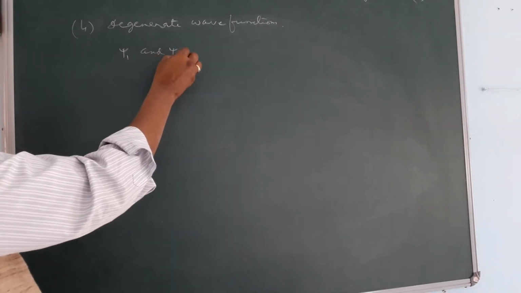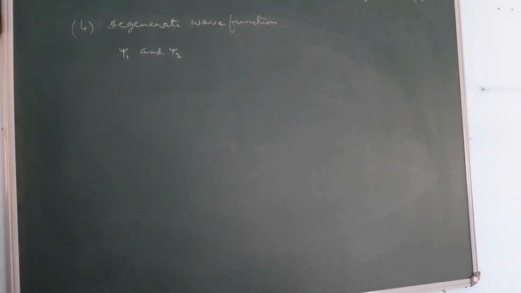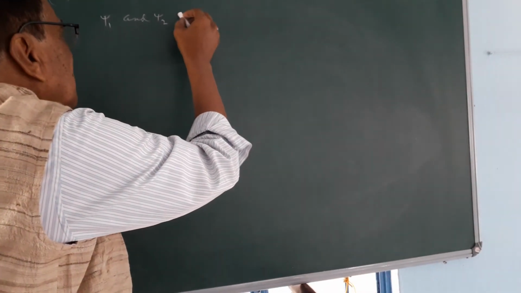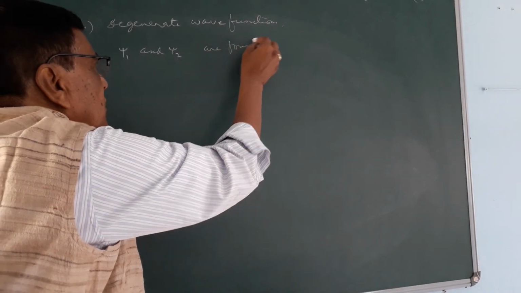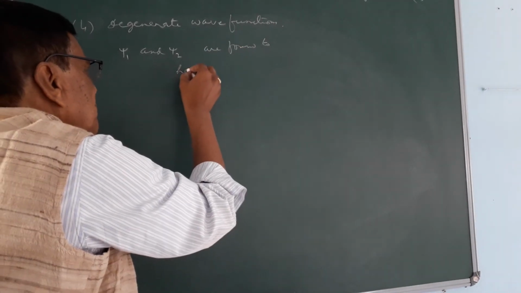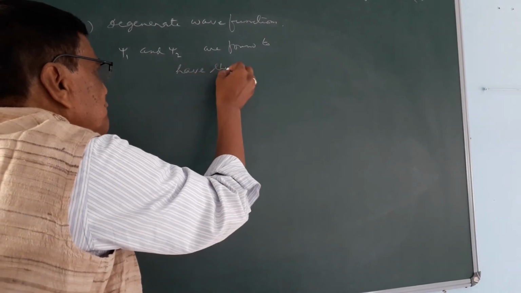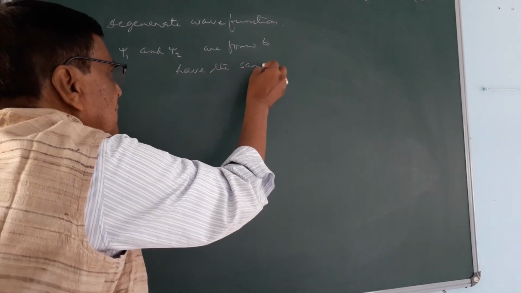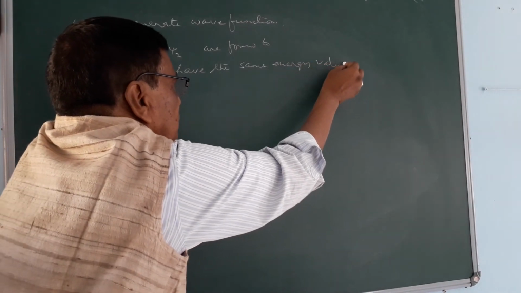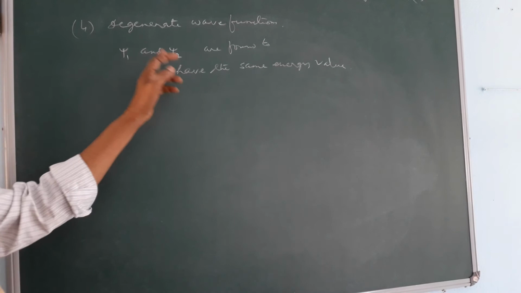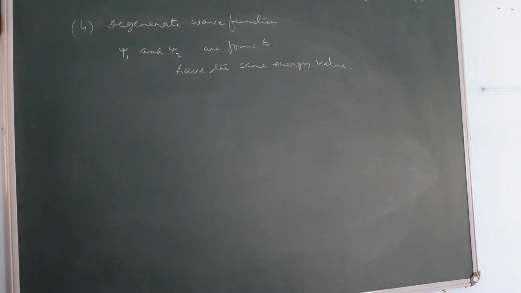Suppose psi 1 and psi 2, these two wave functions of a system, are found to have the same energy value, then we can call psi 1 and psi 2 degenerate wave functions.